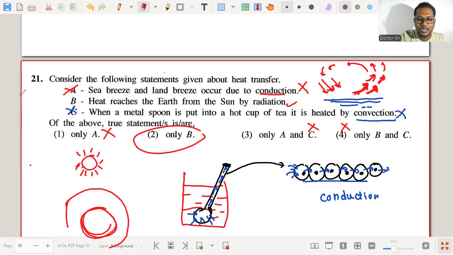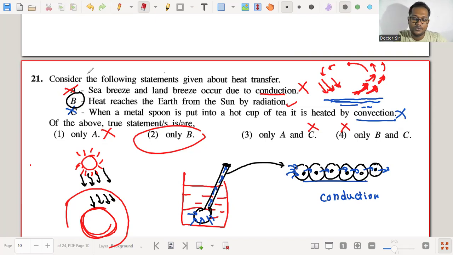Through the vacuum as well, heat is transferred via radiation. So the heat comes to the earth via radiation. Right. So answer B is the only correct answer for this question.